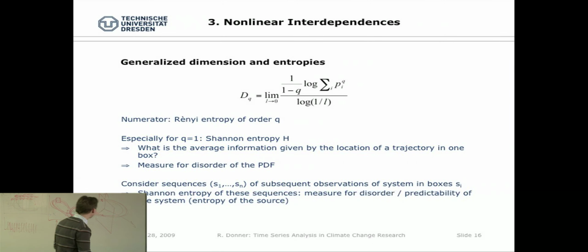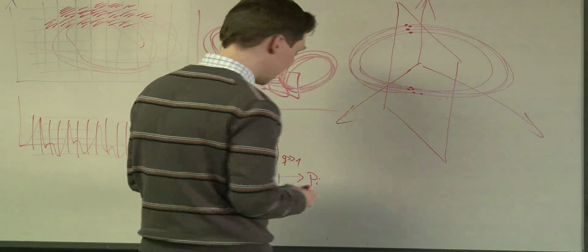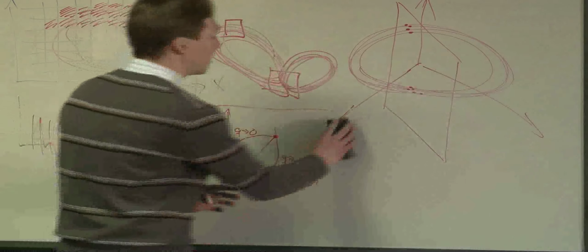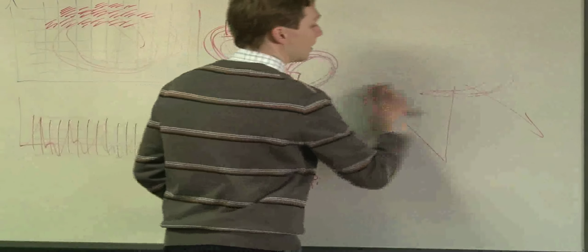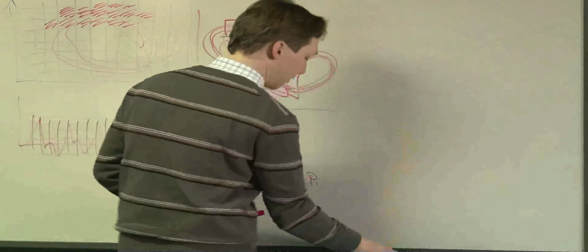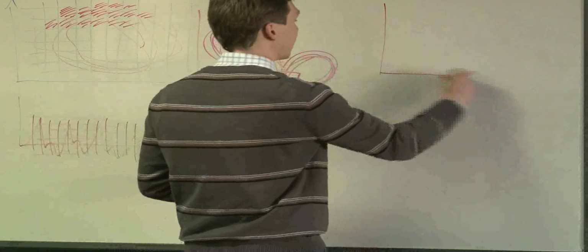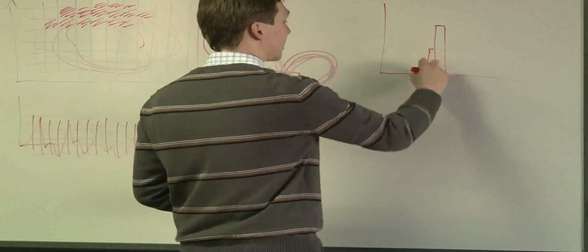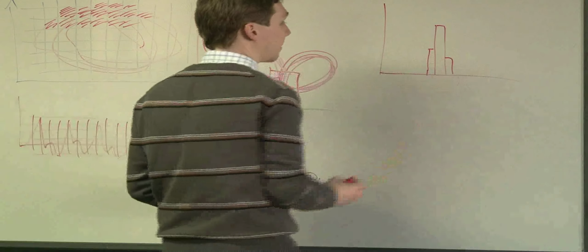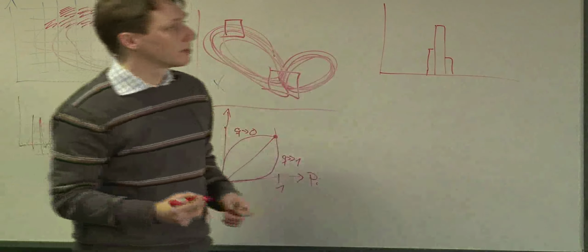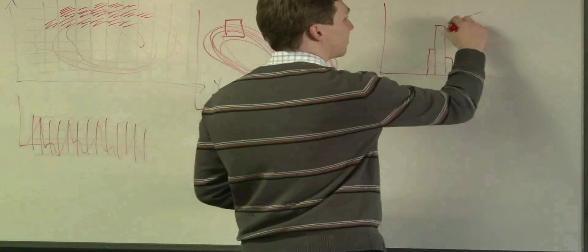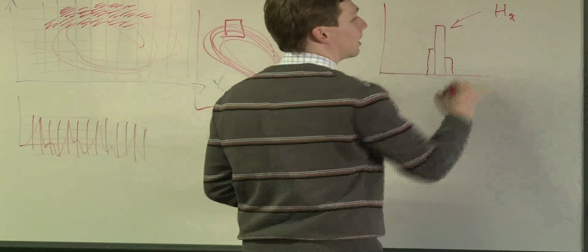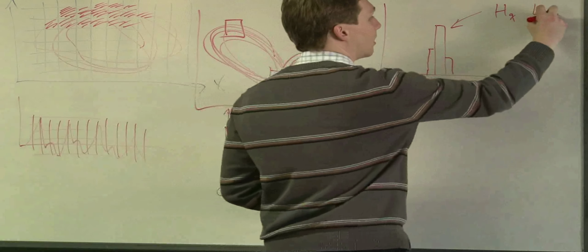When I have a certain probability distribution, let's say something like a histogram of the probability of my system to be in different boxes, and only a few boxes contribute, I will have an entropy which is low. I call it H_q here.